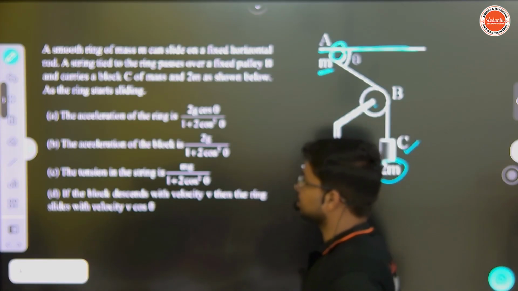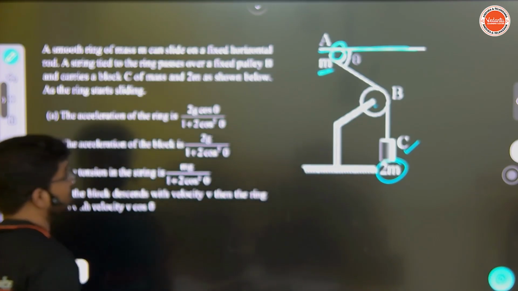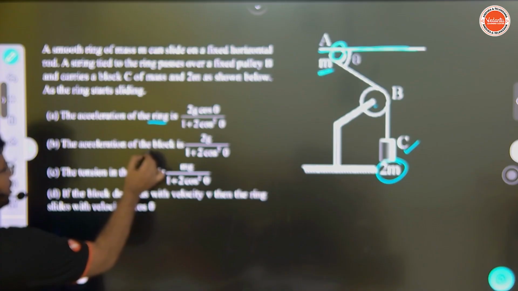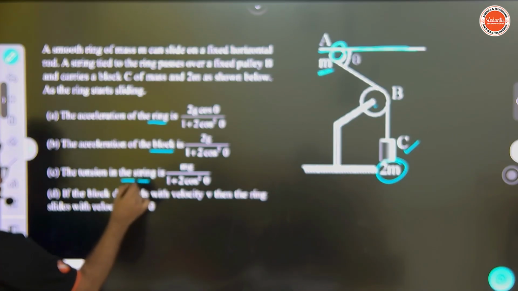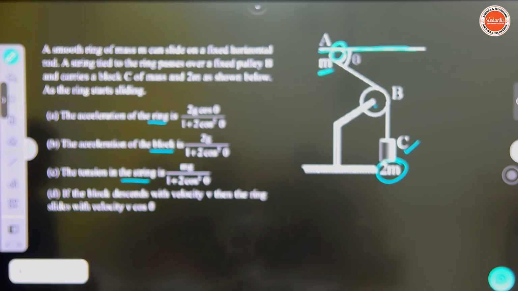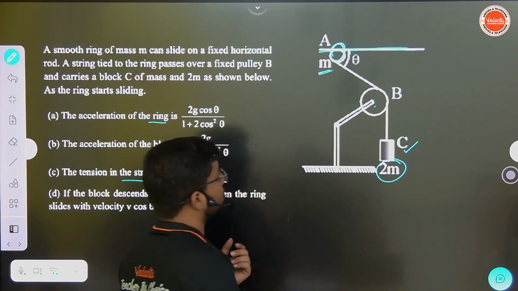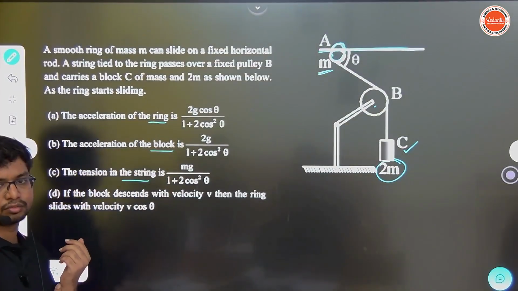As the ring starts sliding here, they're asking for the acceleration of the ring, the acceleration of the block, the tension in the string, and if the block descends with a velocity of v, then the ring will slide with a velocity of how much? V cos theta. Okay, you have to decide which is the correct option, the correct answer over here, right?